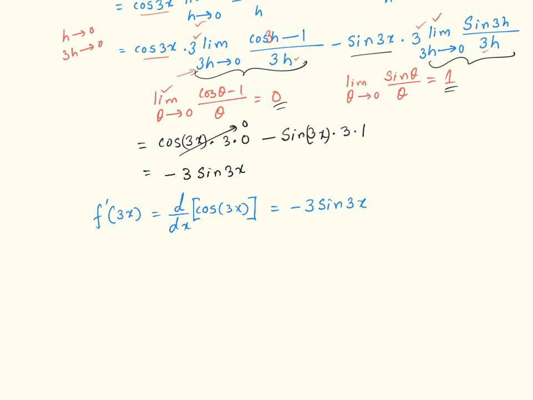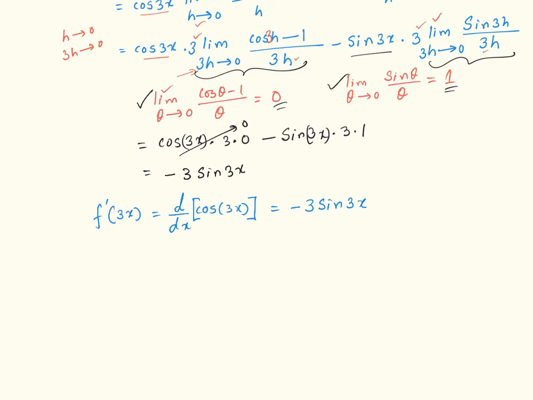Now let me go ahead and summarize what I have done. Just to remind you, all of you by now know the definition of derivative: limit h approaches 0, f of x plus h minus f of x divided by h. We used that definition, but the critical thing to remember here is this. These are the two things that helped us evaluate the limits.